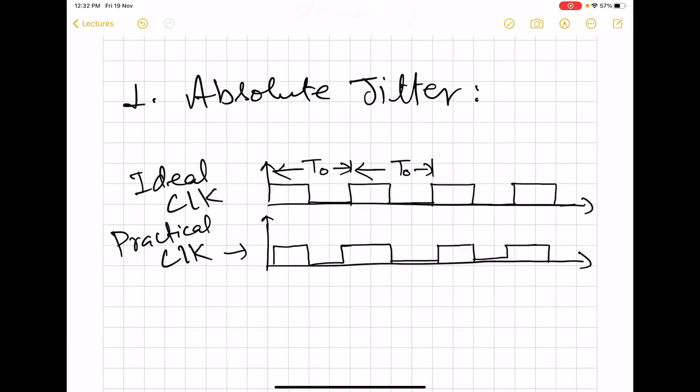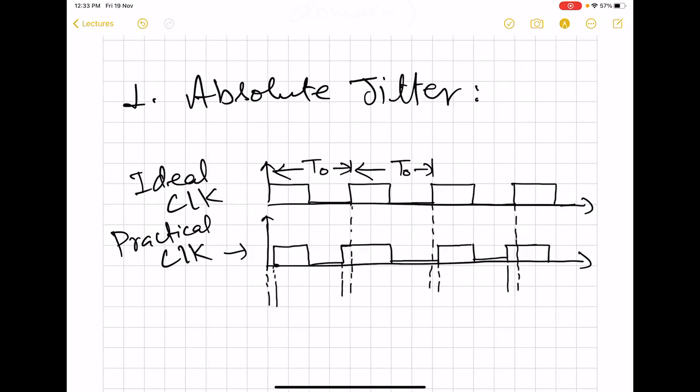So what we do in the absolute jitter way of specifying this non-ideality is that we measure the deviation of the rising edge of the practical clock with respect to the rising edge of the ideal clock. So the gap between the rising edges of the two clocks is noted down.